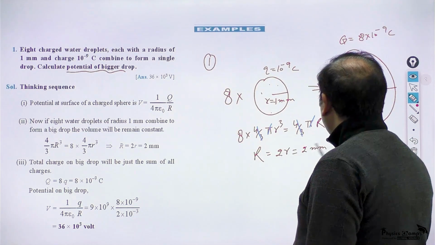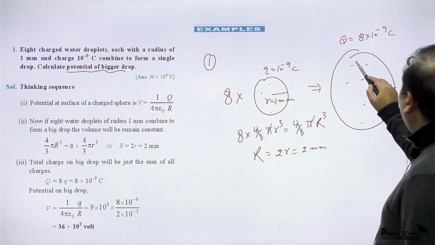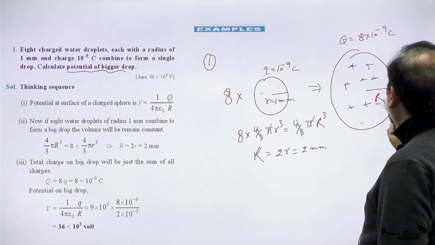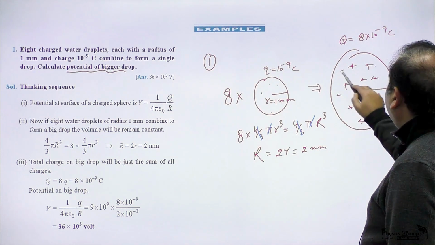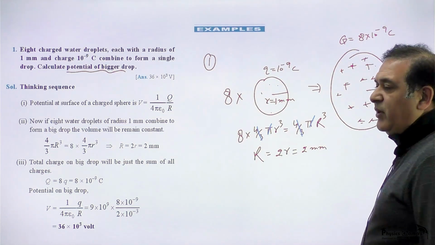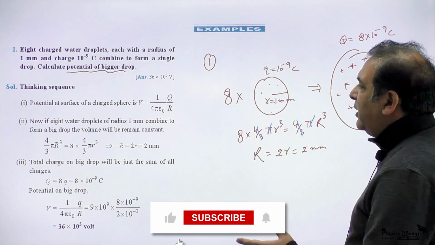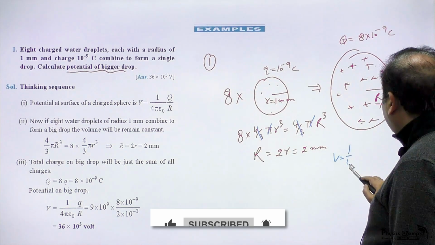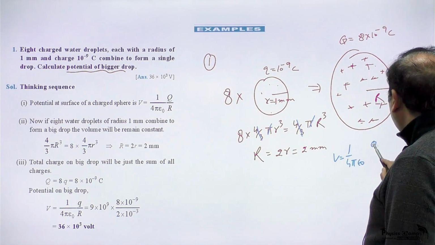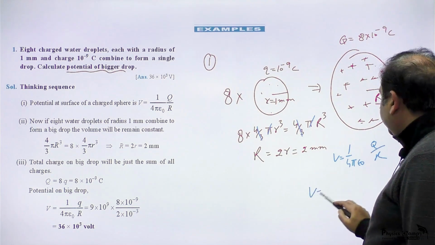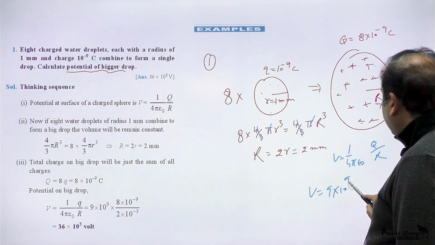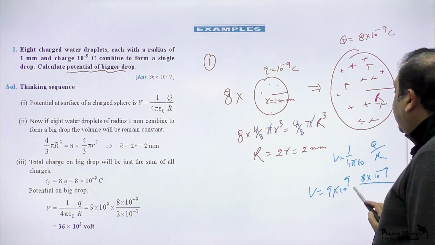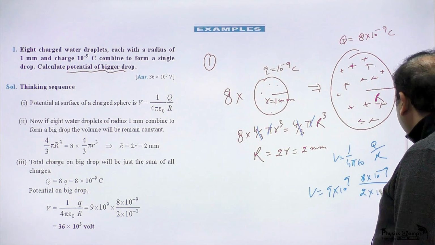One thing is clear: for this bigger drop, I know the charge. For a sphere, we always assume at the surface that the whole charge is situated at the center. So potential will be 1 by 4 pi epsilon naught, q by r: 9 into 10 to the power 9, charge 8 into 10 to the power minus 9, and radius 2 millimeter.